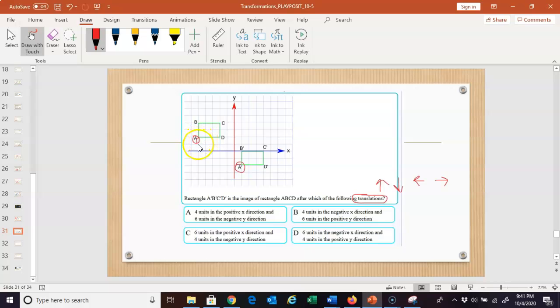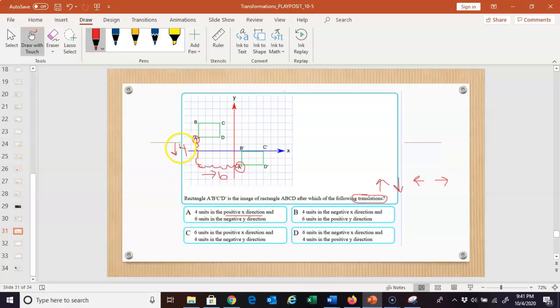Right? So it went 1, 2, 3, 4, down 4 units, and 1, 2, 3, 4, 5, 6 to the right 6 units. So let's figure out which one of those matches. A says 4 units in the positive x direction.